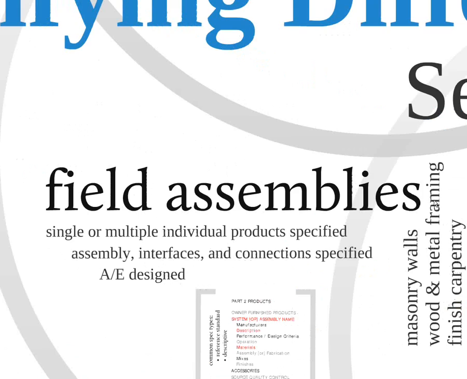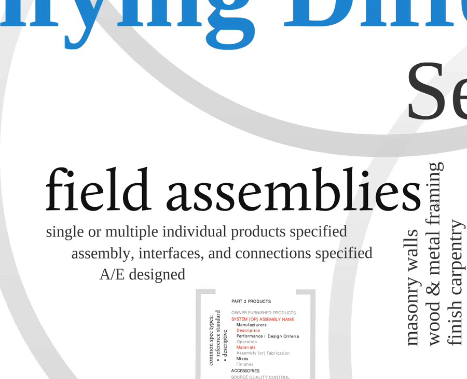Okay, field assemblies as opposed to shop assemblies. And what we're trying to get to here is things that will be essentially fabricated by the contractor on the site, that he will collect individual products and put them together to form a system that the designer, the architect or engineer, has actually provided detailed design drawings, assembly drawings, to show how all of these things are coming together.